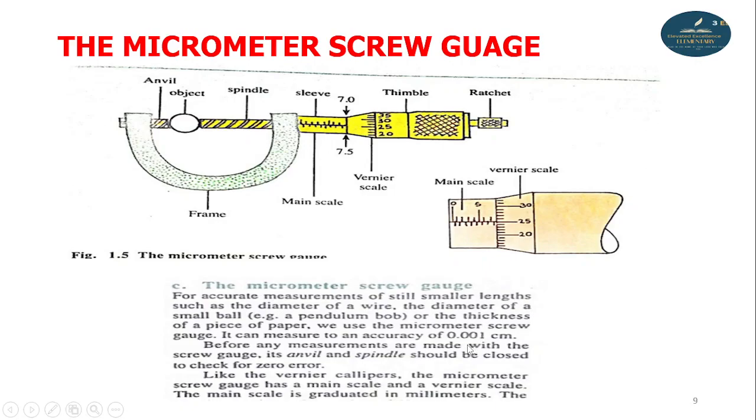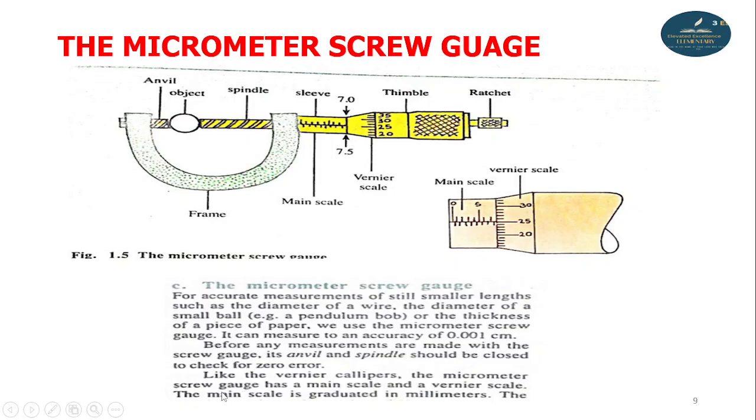But the micrometer screw gauge can measure to an accuracy of 0.001 centimeters or 0.01 millimeters. Before any measurements are made with the screw gauge, its anvil and spindle should be closed to check for zero error.